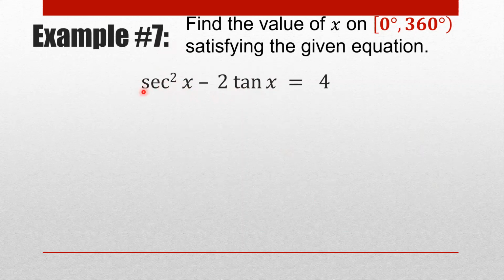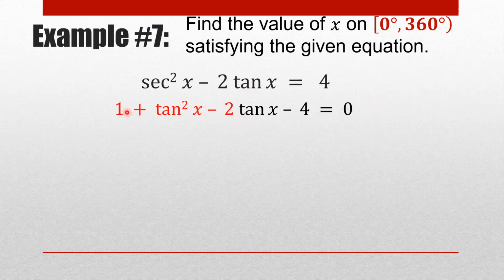So we will use tangent squared. Secant squared in terms of tangent squared is 1 plus tangent squared x. Then we still have minus 2 tangent x minus 4 equals 0.